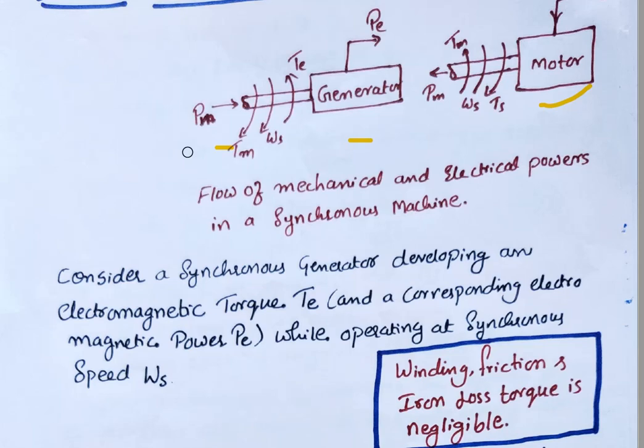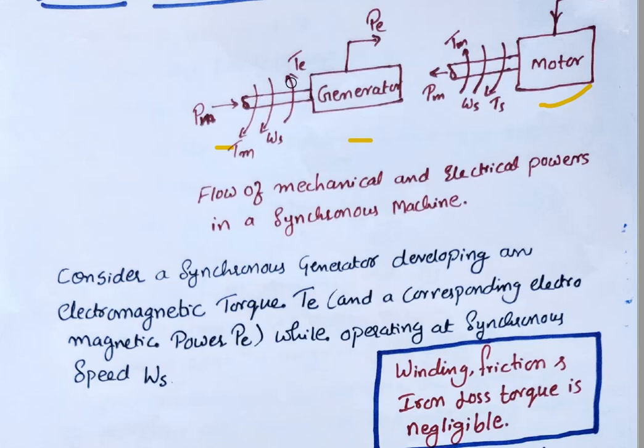The prime mover is generally a turbine, either hydro or steam. So my input mechanical torque drives the shaft in the direction of rotation of the generator.